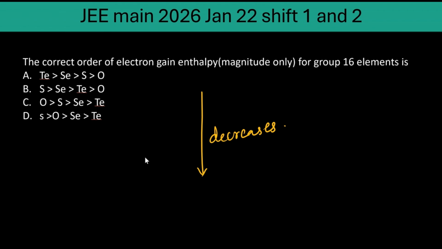We know that, right? Electron repulsion will be there due to the smaller size. So oxygen has less negative electron gain enthalpy than sulfur. So the order will be sulfur, selenium, tellurium, and oxygen. Sulfur will have around 200 kilojoules.